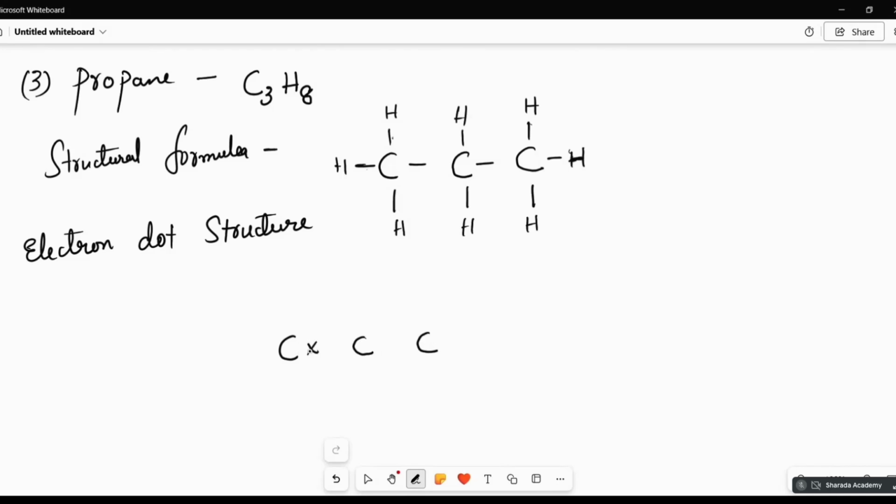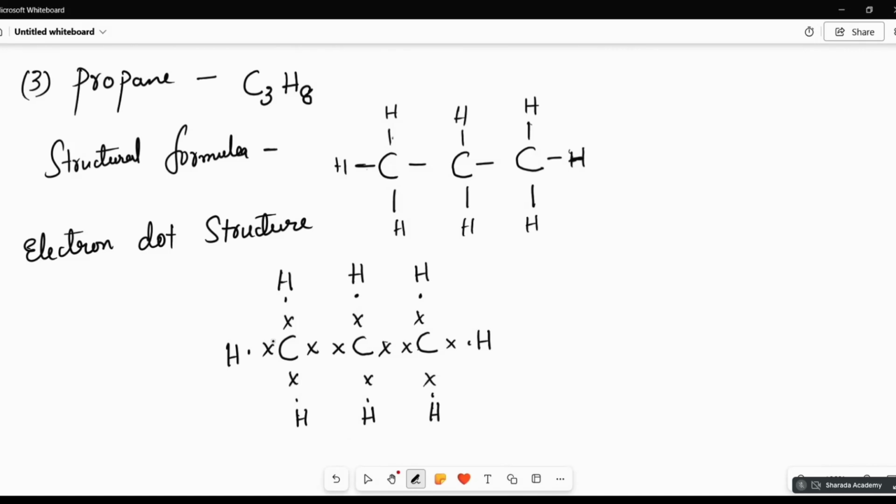And we have hydrogen here, each with one electron. One hydrogen, one electron, and so on for each hydrogen. Okay. Now grouping.